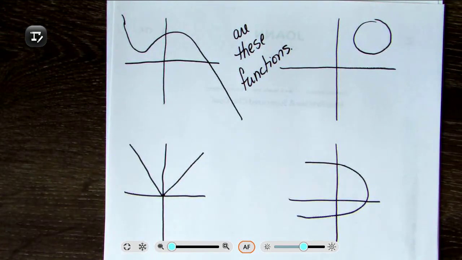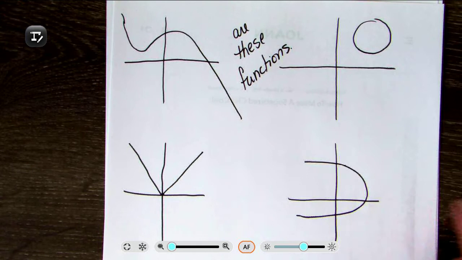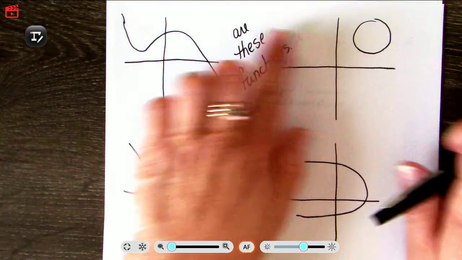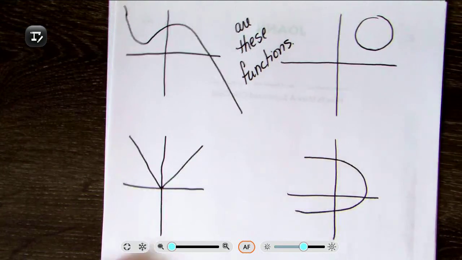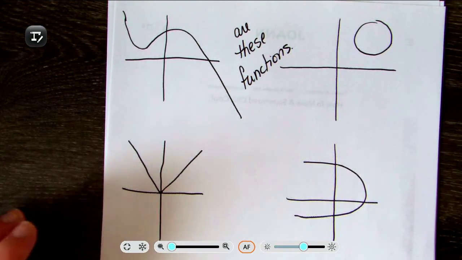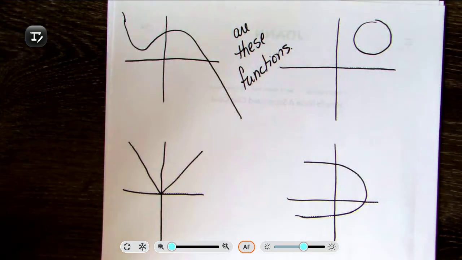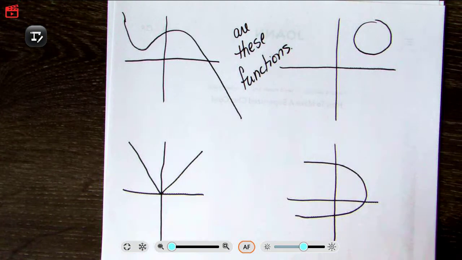Now there's a couple of rules for functions, and we will assume that, like on this guy, the domain does not include the values that we don't get pictures for. But are they functions? We have to go back to the definition of a function. For every input, we get only one output.